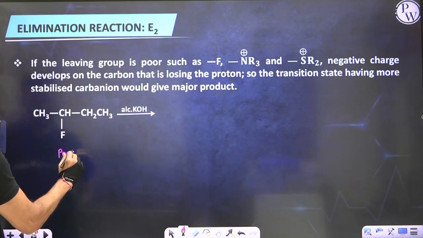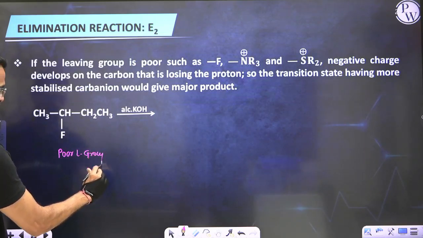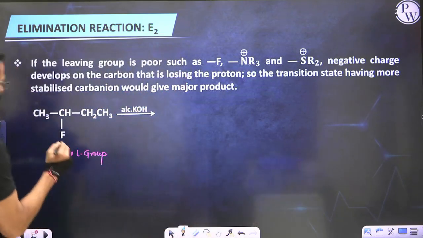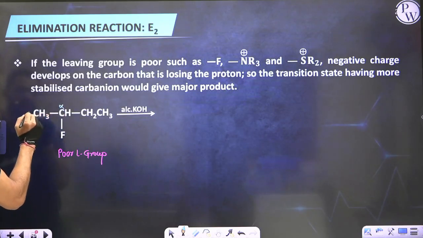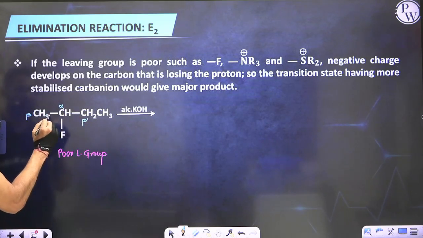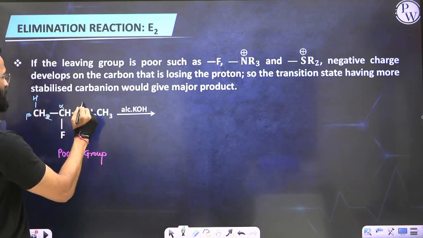F is a poor leaving group. Okay. Now for our convenience, let's say I highlight one of the beta hydrogens. So this is the carbon carrying the leaving group, alpha, and this is beta. This is beta dash. Okay. Let's say I'm highlighting one hydrogen here and one hydrogen here as well.